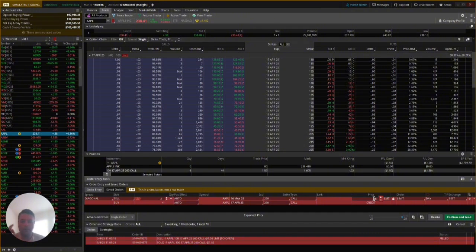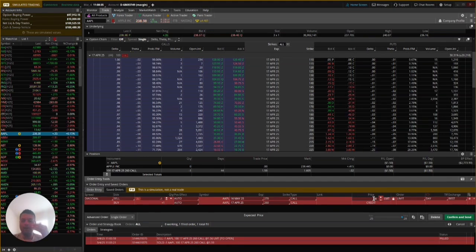Now here's the important thing. 9 out of 10 times I will roll for a credit, not a debit. When you roll for a credit, you expand your break evens. You are in the trade longer to survive, to defend. You can make all the money back plus the net credit that you are receiving here. That's the main point.